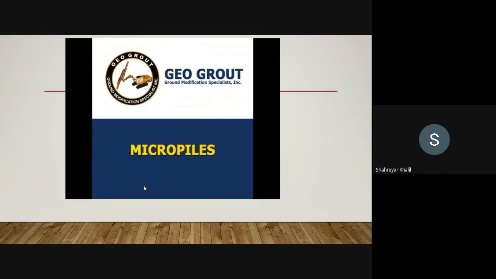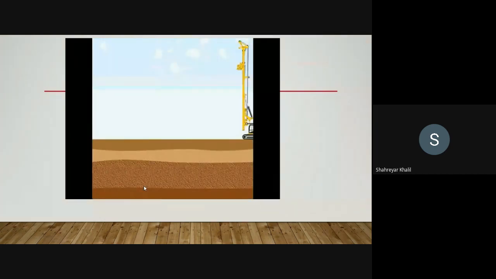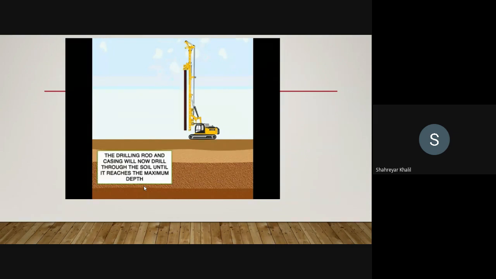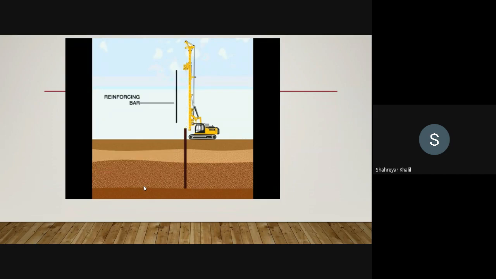Here in this video, we can see how micropiling is done. The drill is attached to the crane and drilled down into the soil, and the casing is also attached to it to different depths, where the drill is then removed from it, and reinforcing bar is inserted inside.